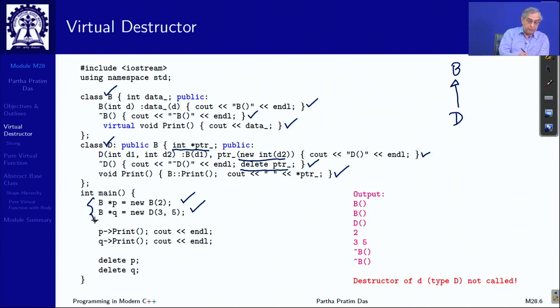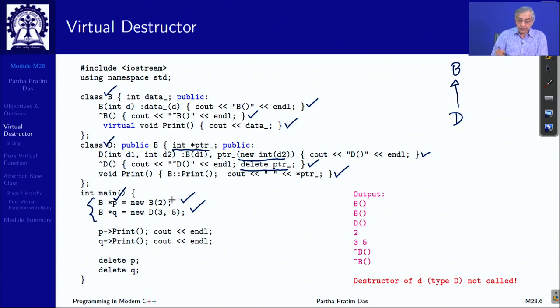So, for P, the static as well as the dynamic type is pointer to class B, whereas the static type of Q is B, whereas the dynamic type of Q is D, because it is actually pointing to D.